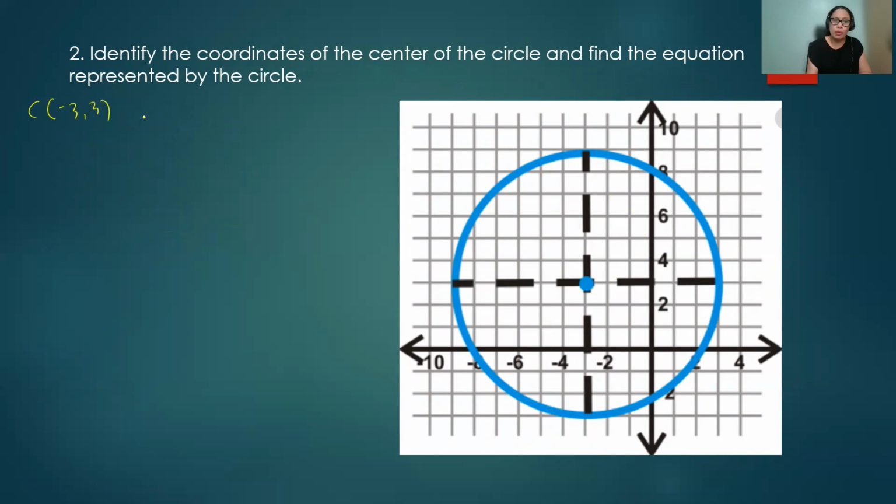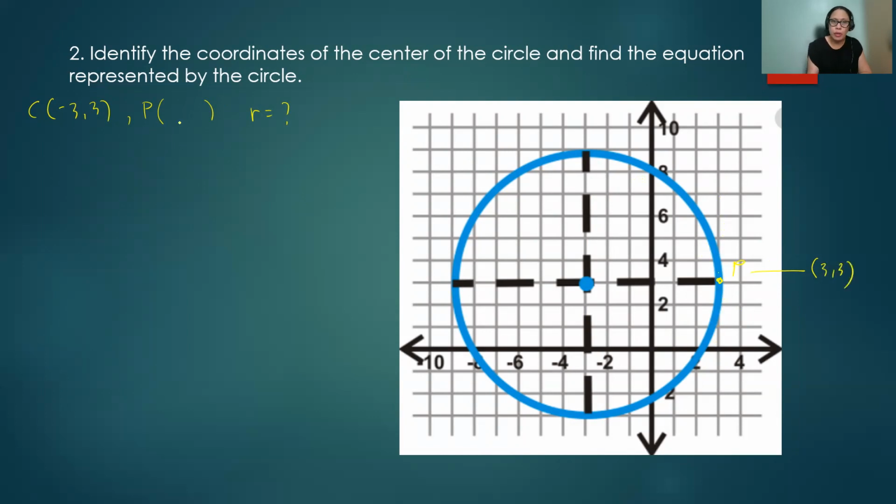Then we have to find another point, any point on the circle, to solve for the radius and then come up with the equation of that circle. If we consider the point here and assign it as point P, point P is at (3, 3).